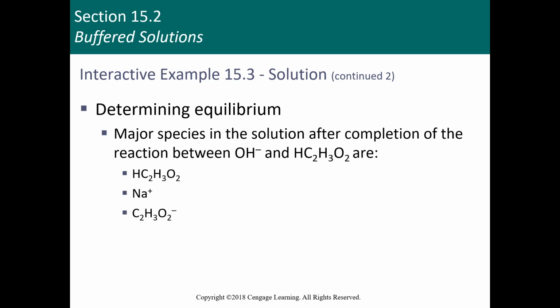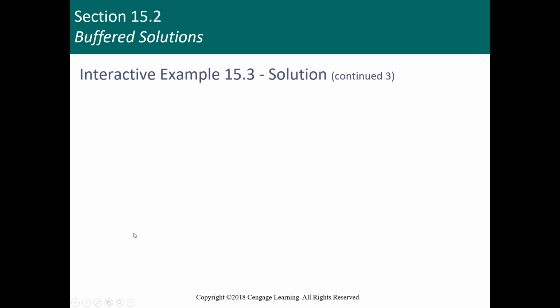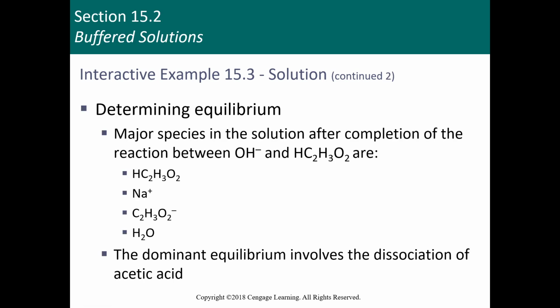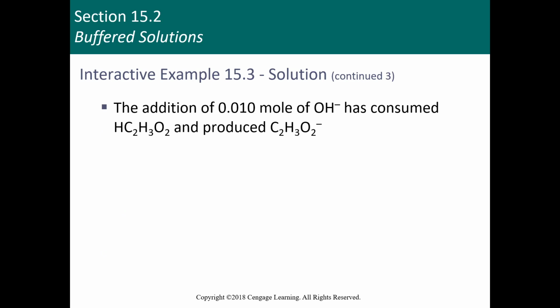We're again going to do the same equilibrium problem that we did before. It's just that our initial concentrations have now shifted. Again, our major species are acetic acid, sodium, the acetate anion, and of course water. So our dominant equilibrium is again the acetic acid going to the acetate anion.